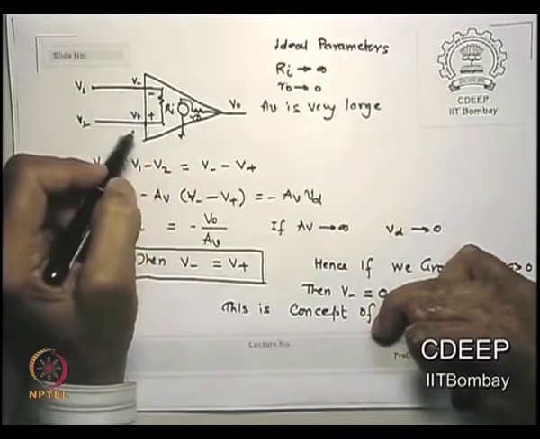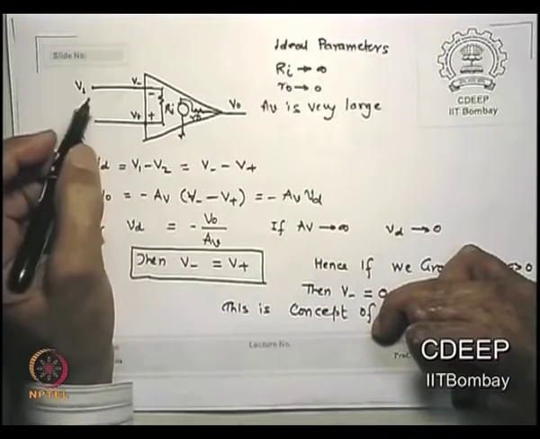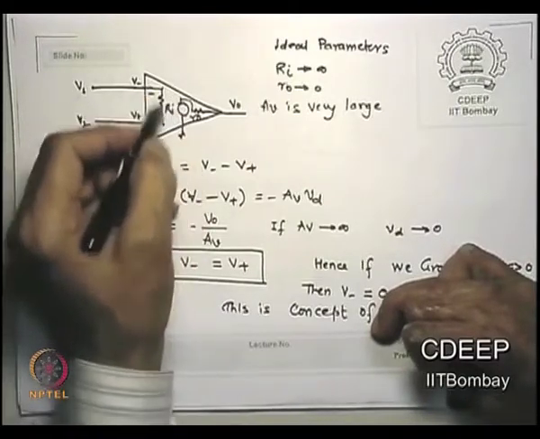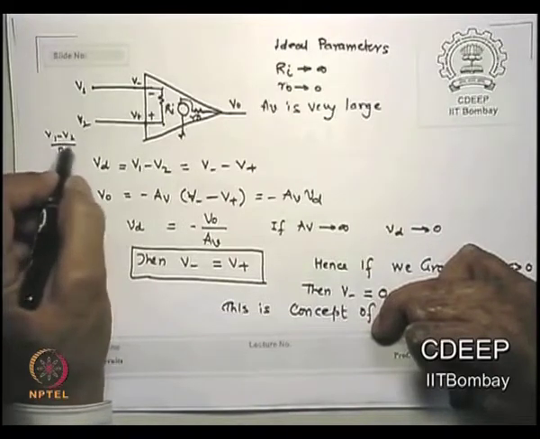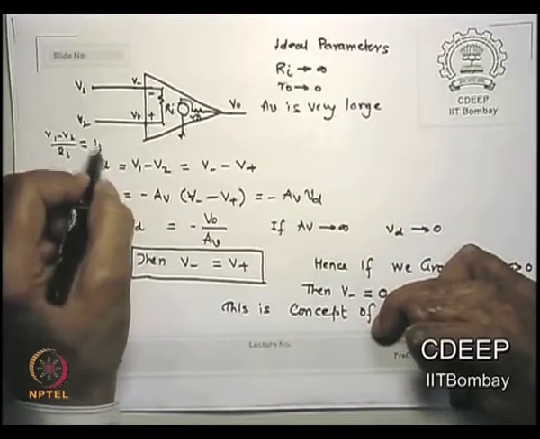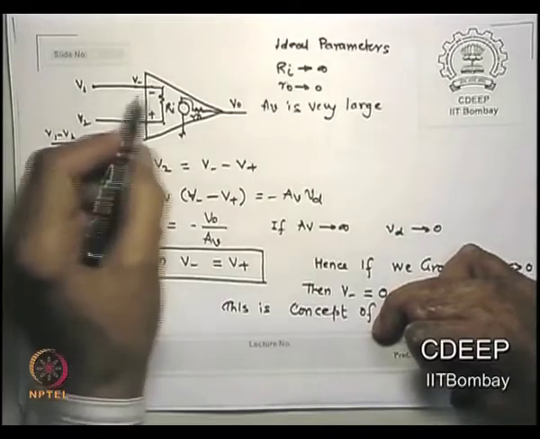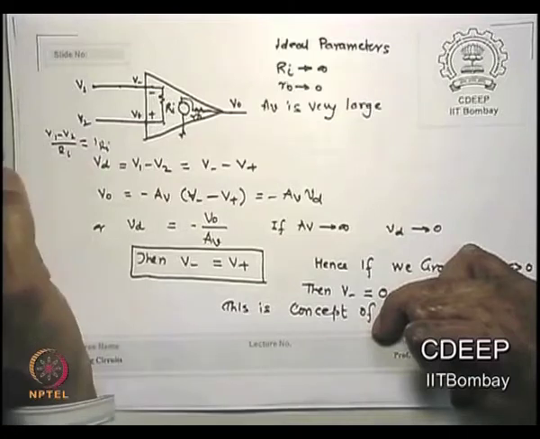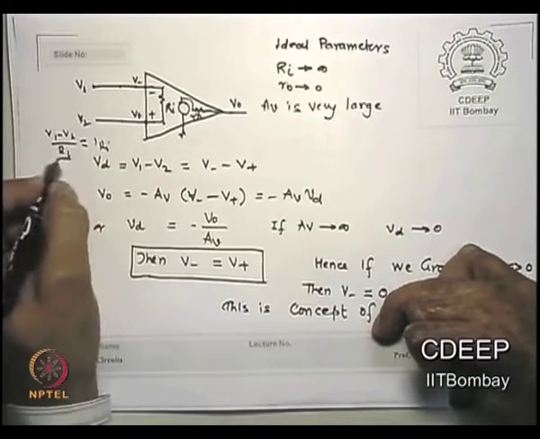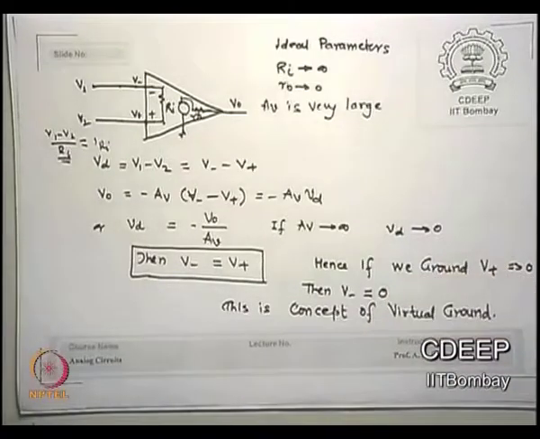V minus minus V plus divided by R. What is the current in this Ri? (V1 minus V2) by Ri is the current in Ri, is that okay? The current is this voltage minus this voltage divided by the resistance. If Ri is very high, how much is the current?